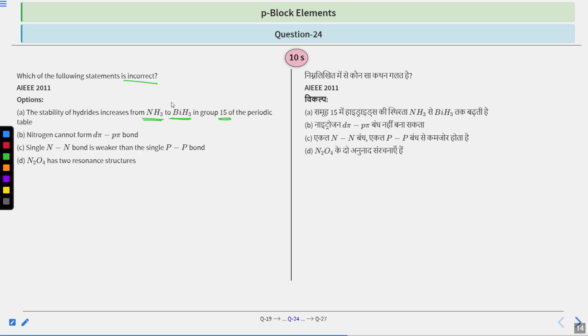M is the element from group 15. So stability of hydrides increases from NH3 to BiH3. Or nitrogen cannot form dπ-pπ bond. Single N-N bond is weaker than single P-P bond. N2O4 has two resonance structures. So you have to find out the incorrect statement among them. You have 10 seconds to solve this question. After that, we will see the answer.